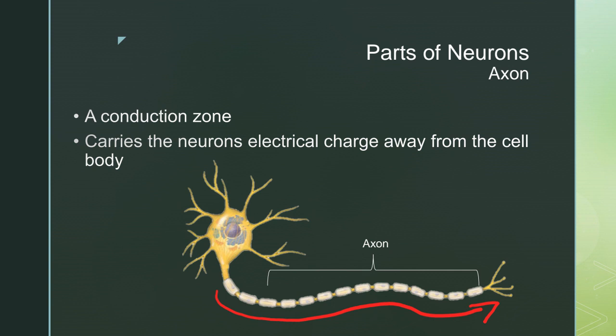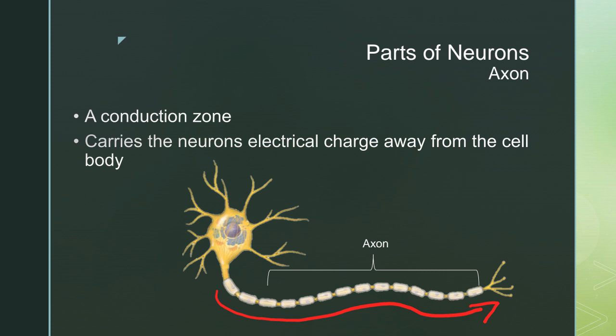Okay, next we have the axon. It is referred to as a long process. A process is just an extension, basically. So it's a long extension coming off of the cell body.